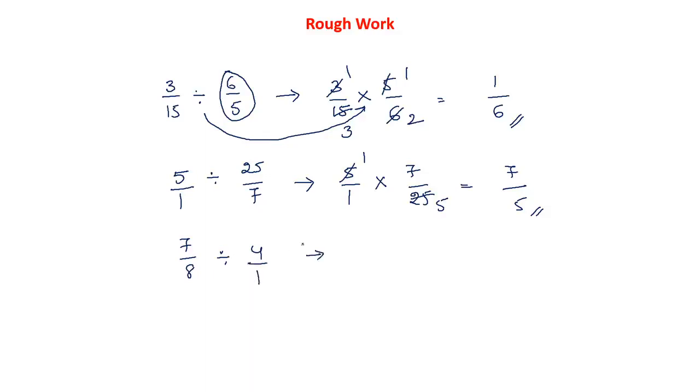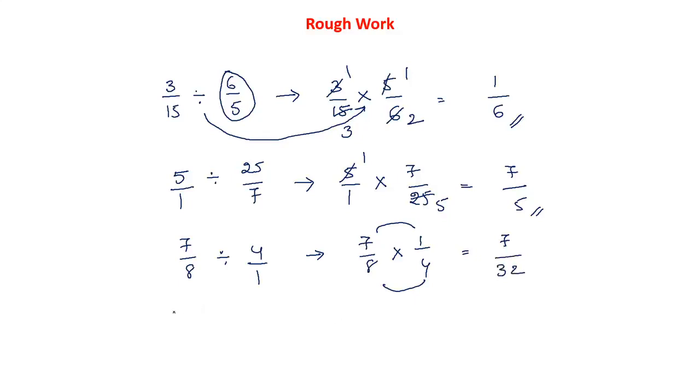Now use the first concept: write the first fraction as it is, change the division to multiplication, convert the second fraction to its multiplicative inverse. Is there any common factor here? No. There is no cancellation here. Just multiply numerator into numerator and denominator into denominator. 7 ones are 7 by 8 fours are 32.